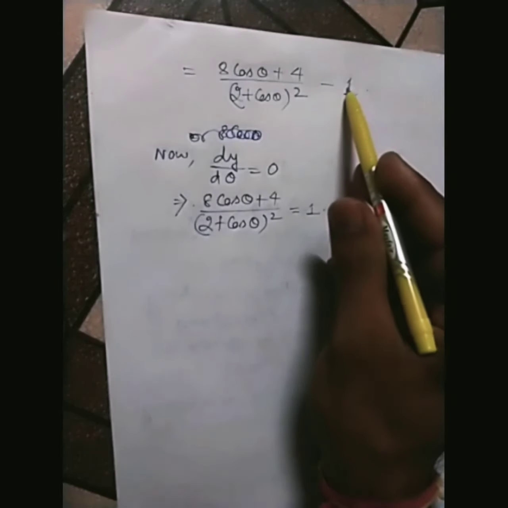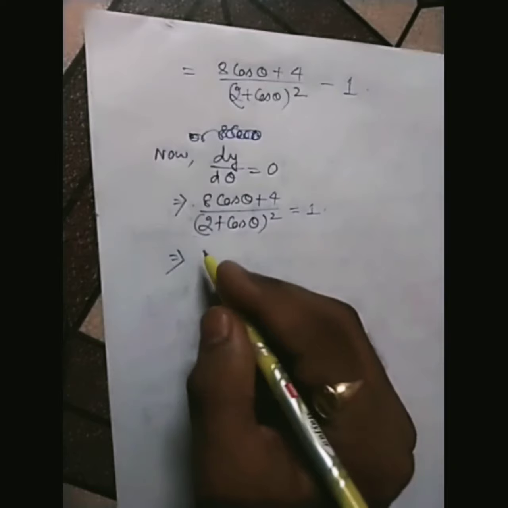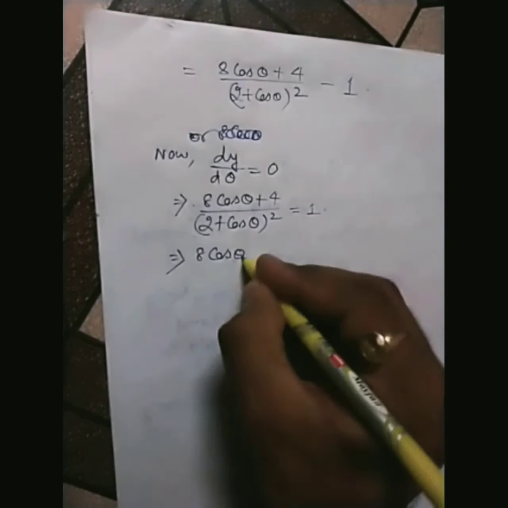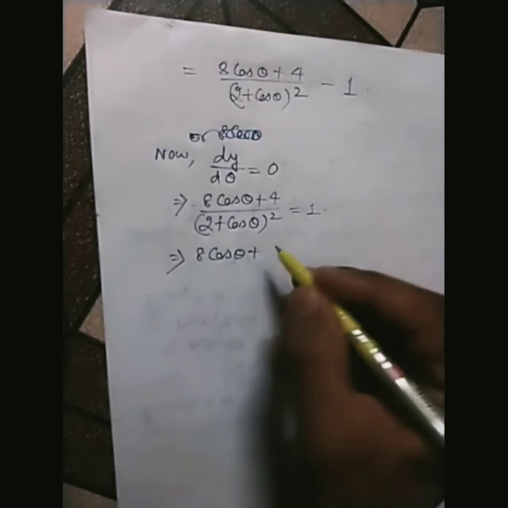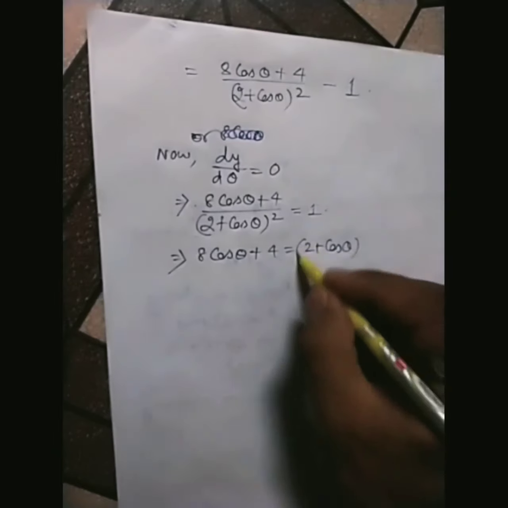You can simplify this, or keep it as it is. Now dy by d theta equal to 0 implies this is equal to 0. So 8 cos theta plus 4 divided by 2 plus cos theta whole square equals 1, since minus 1 equals 0 goes to the right hand side. Simplifying, you get 8 cos theta plus 4 is equal to 2 plus cos theta whole square.